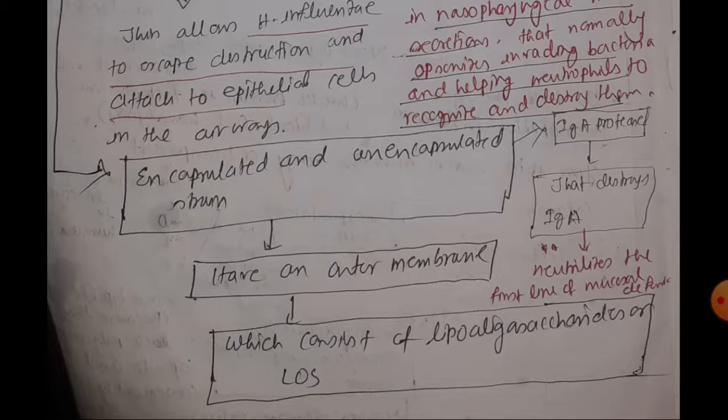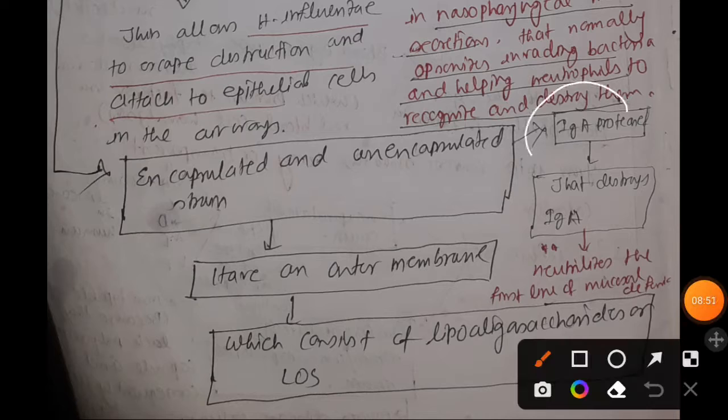We have also discussed two other virulence factors which are present in both the encapsulated and unencapsulated strains. One is the IgA protease, which destroys the IgA present in the nasopharyngeal mucosal secretion, and as a result, the first line of defense mechanism becomes neutralized. Another important thing, as it is an outer membrane, there is lipooligosaccharide present on the outer membrane.